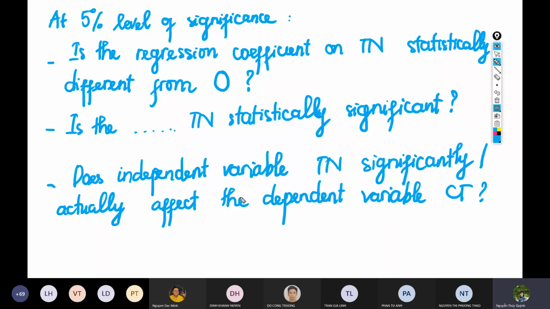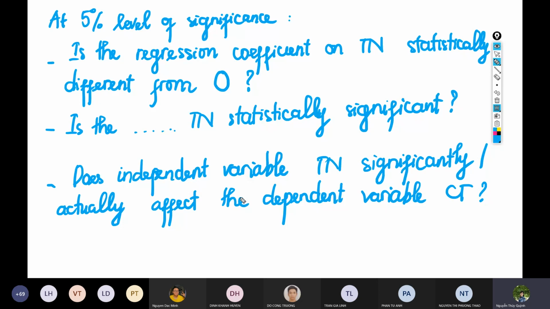When the regression coefficient is different from 0, it means that the independent variable Tn actually affects the dependent variable. So these are just ways of asking the same question, so remember that.